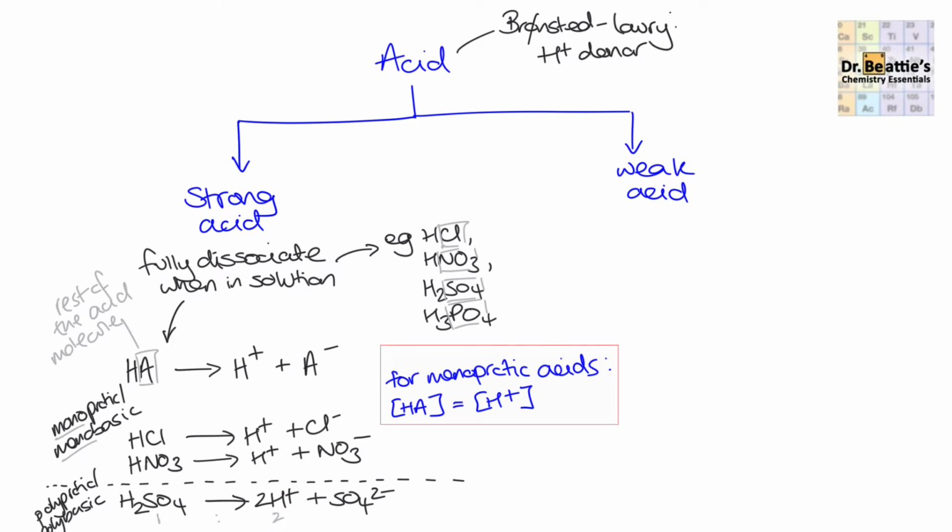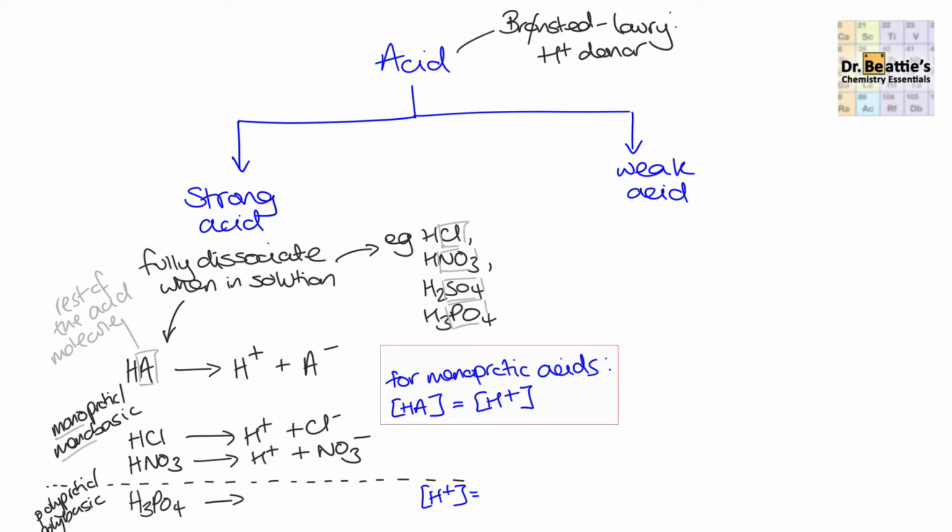The ratio here is for every one sulfuric acid molecule, you get two hydrogen plus ions. This gives us the relationship that to work out the concentration of hydrogen plus ions, we need two lots of the sulfuric acid concentration.